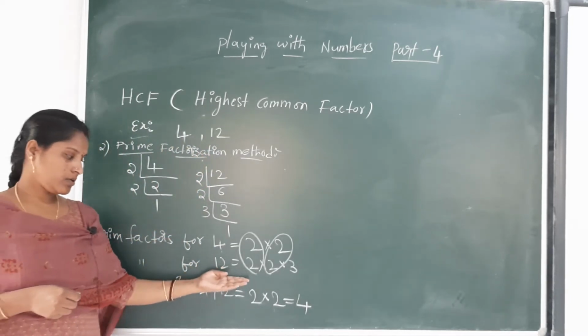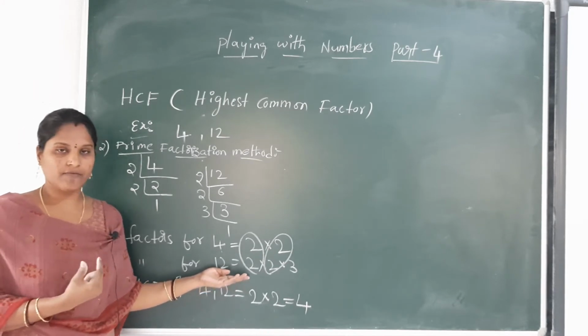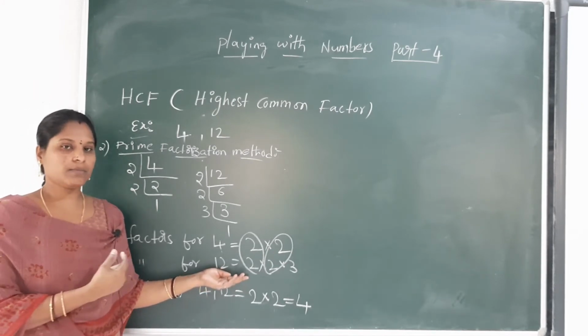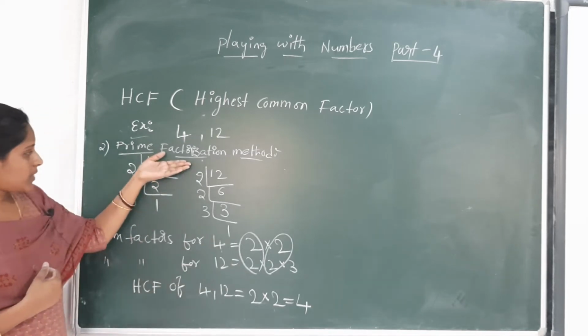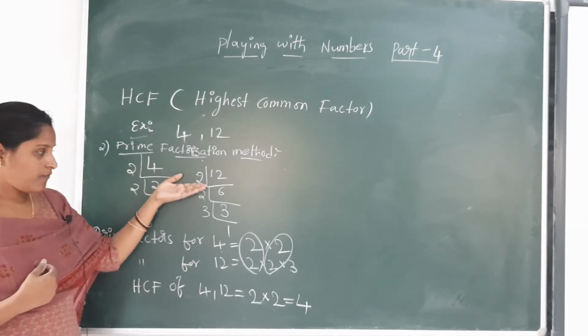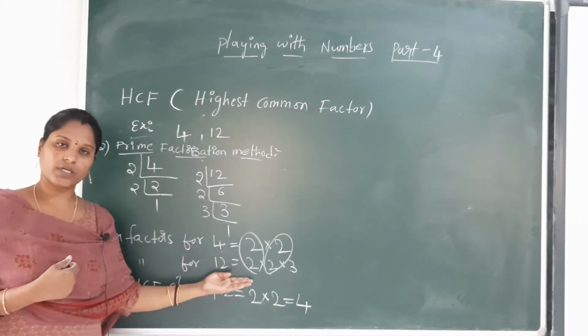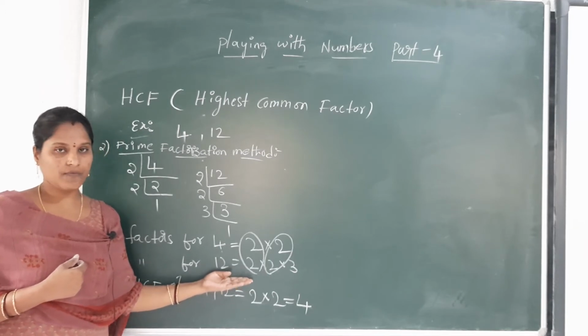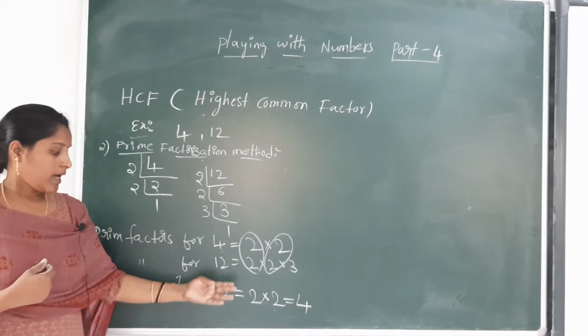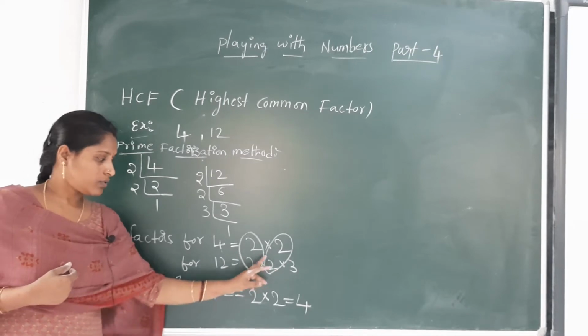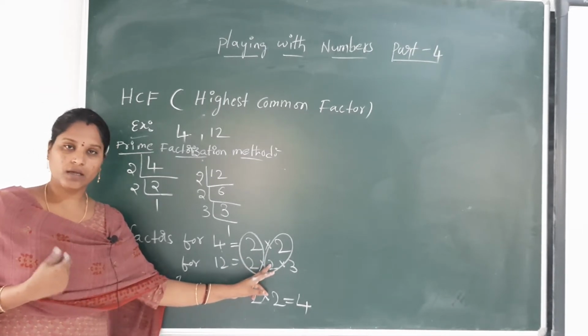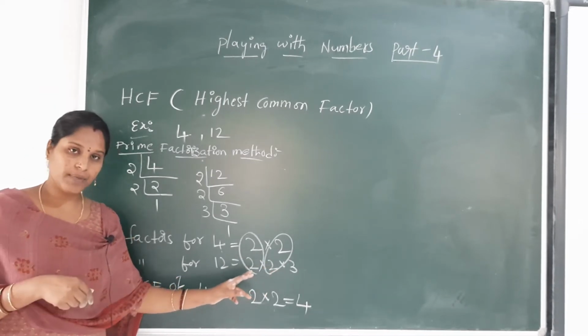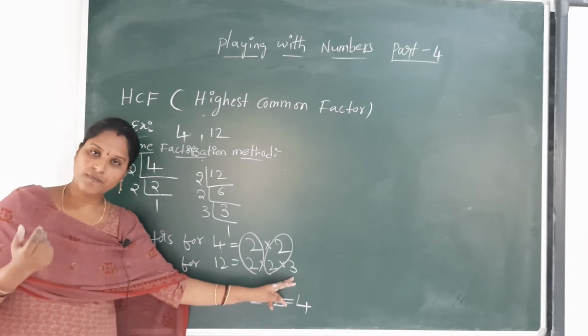Up to here, prime factorization method is same for LCM and HCF, for writing prime factors of given numbers. After that, in HCF we have to take only common factors, but in LCM we have to take uncommon factors also.